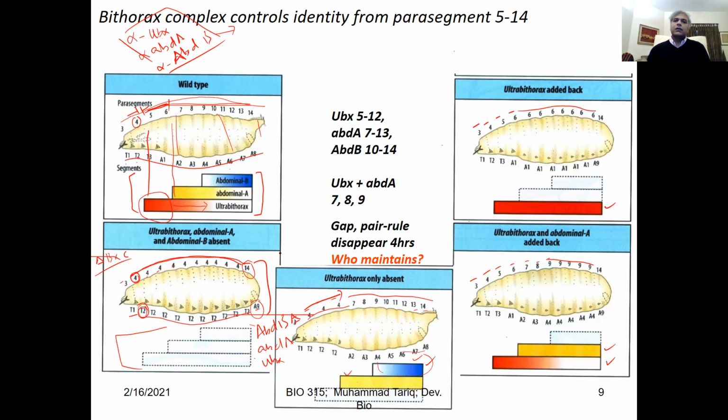So now, what we have covered is that UBX we knew from wild type 5 to 12, ABDA 7 to 13, and ABDB 10 to 14.